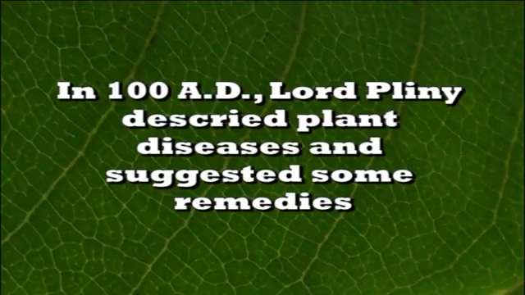He also wrote about plant diseases in that era. In 100 AD, Pliny described plant diseases and suggested some remedies. He believed that disease originated from plants or from the environment.